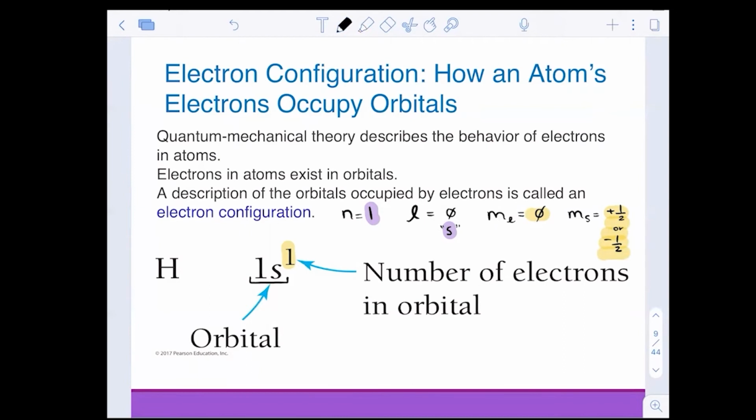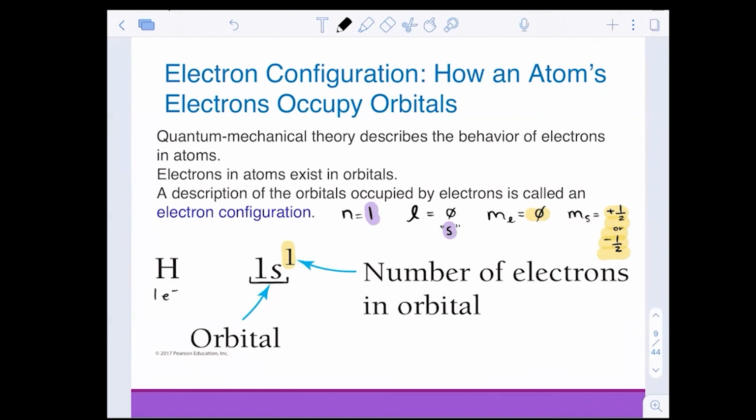Now, hydrogen has only 1 electron in its elemental form. And so with that 1 electron, we want the simplest orbital that we can find. And that's what we'll see. When an electron occupies an orbital for an atom, it's going to try to be the lowest energy possible, the simplest energy possible.